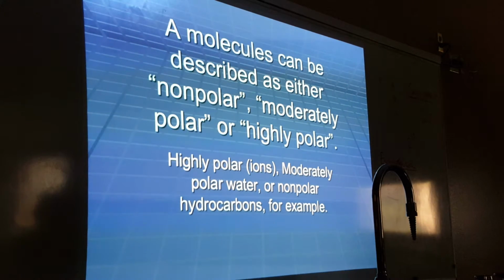Remember, alcohol had an OH bond in it. So there are degrees of moderately polar. I mean, water, for something we would call moderately polar, is really pretty highly polar. And all hydrocarbons are your classical nonpolar substances.